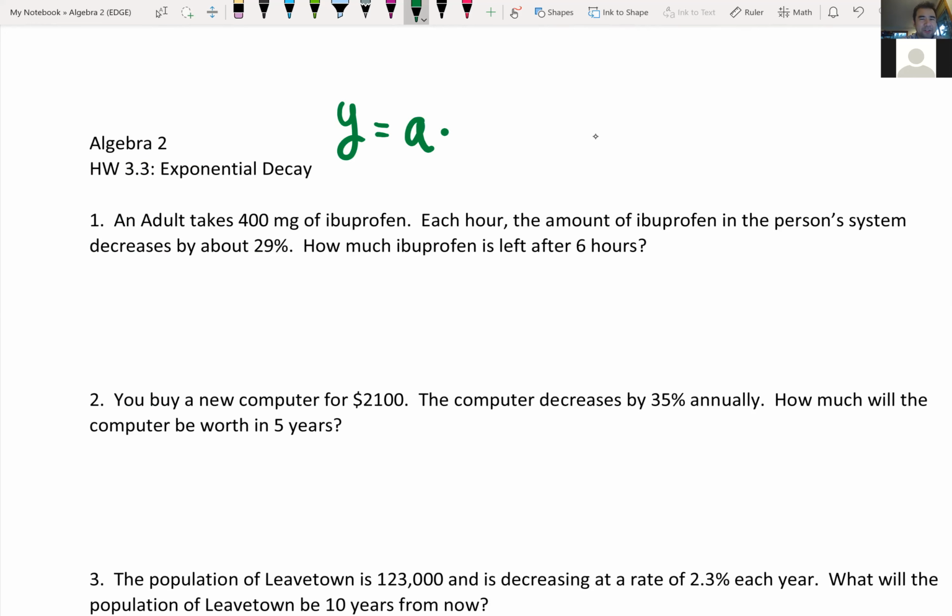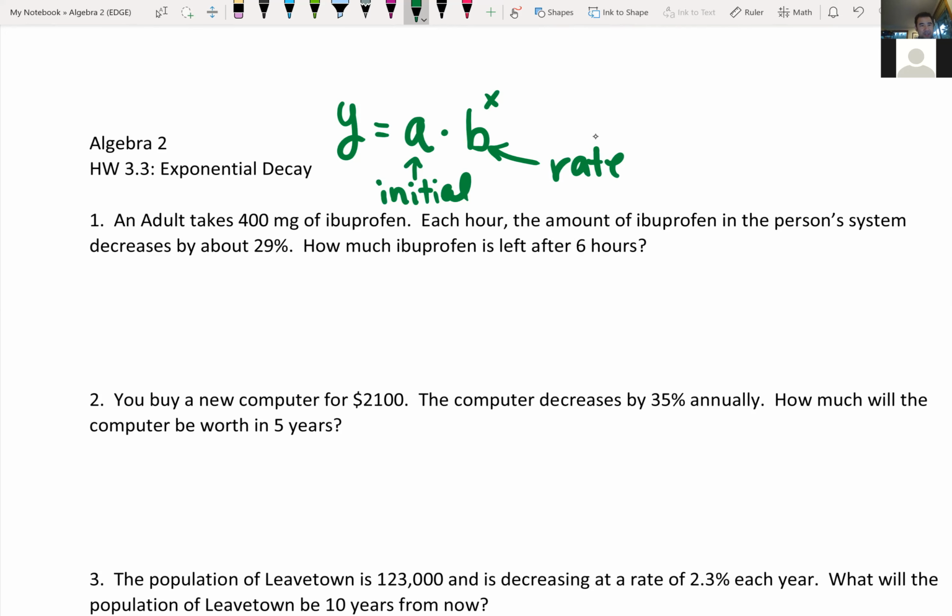Again, the exponential function is that: A is the initial value, and B is the rate. In this case, a rate of decrease, or rate of retention. That's right. You always subtract.